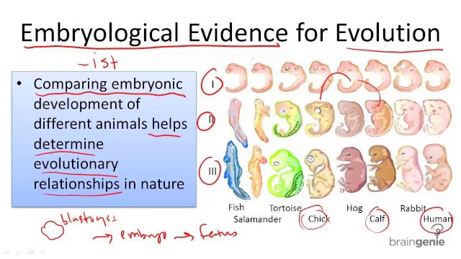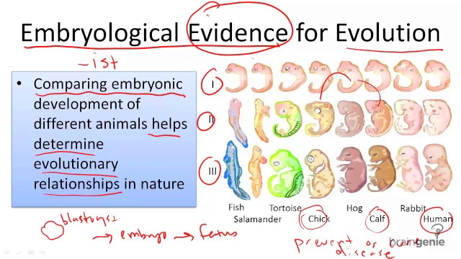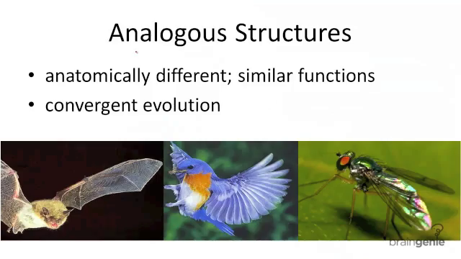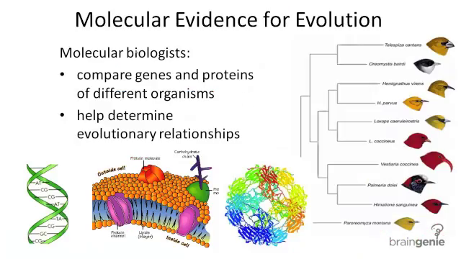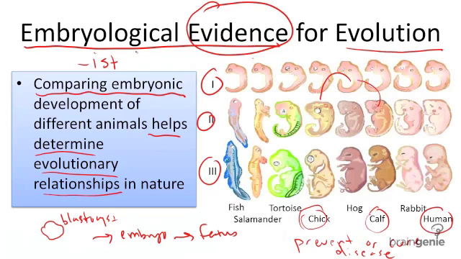Ultimately, this knowledge can help us prevent or even cure disease. So it's important to remember that this important bank of evidence for evolution, or one important bank of evidence for evolution, in fact stems from embryological evidence.